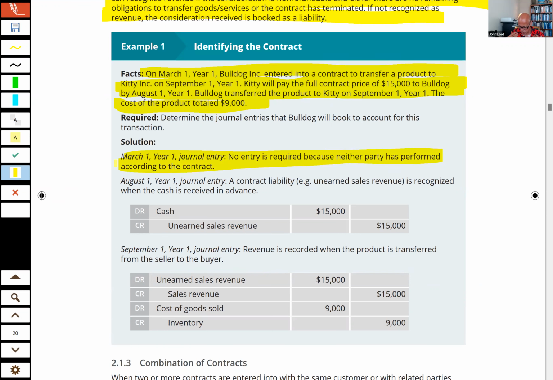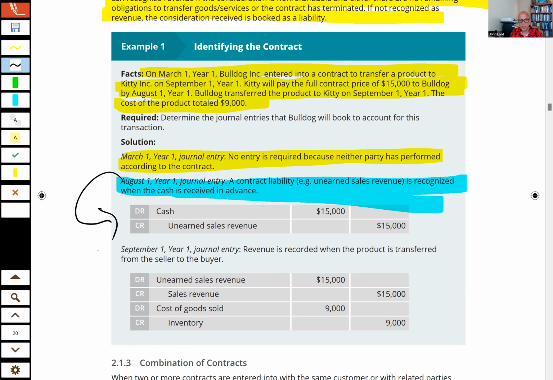We haven't received any cash. We haven't delivered any products. Now, on August 1st, Kitty pays Bulldog. Because we haven't performed the contract yet, but we have received some cash, and you've known this for a long time from introductory accounting, you debit cash and credit unearned revenue on August 1st.